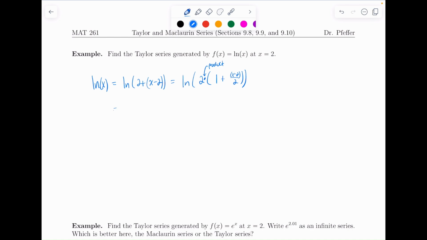And I'll get ln of 2 plus ln of 1 plus (x minus 2) over 2. And now what I'm going to do is look at this series, and this is ln of 1 plus something.